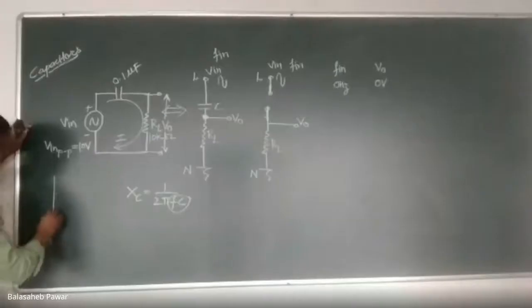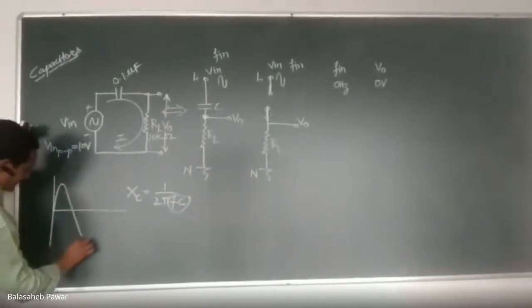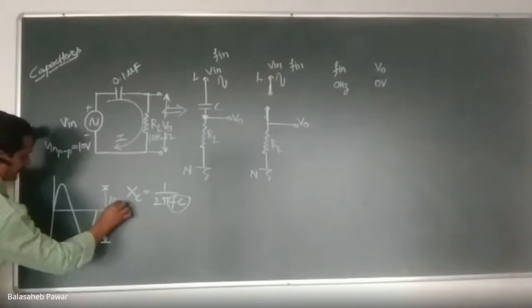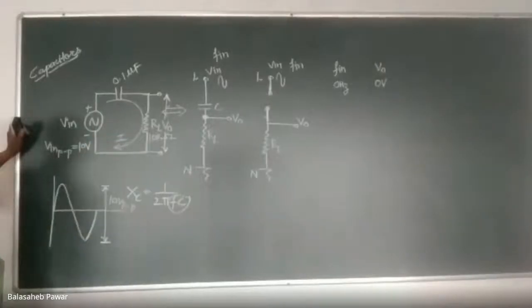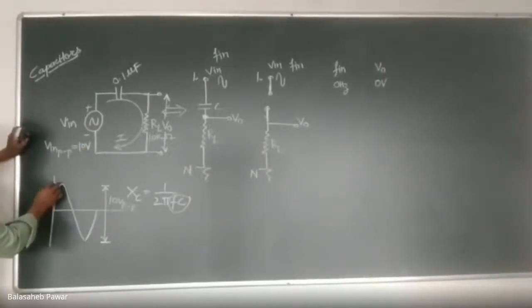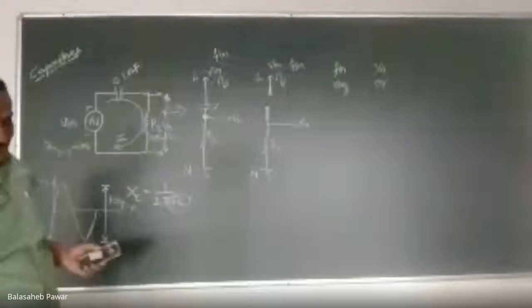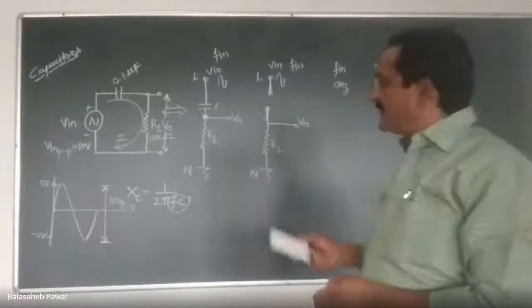That means I have to show this input signal like this. Peak to peak it is 10 volts, and the frequency we will change. So this amplitude will be 5 volts, this one will be -5, so that peak to peak it is 10. Is it clear up to here?